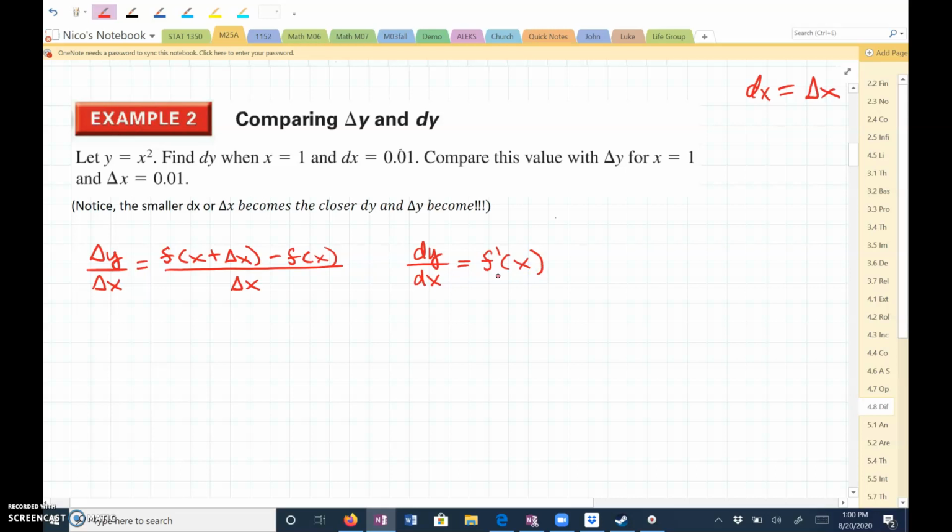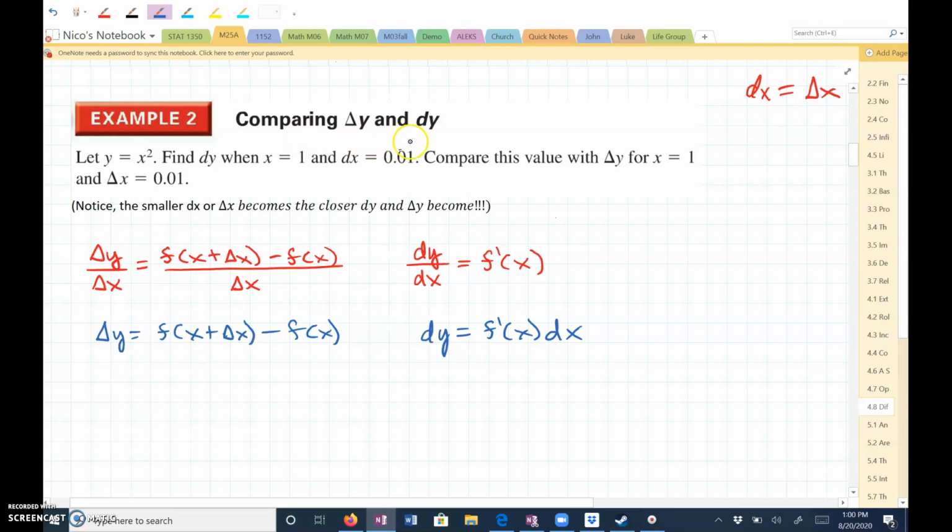Okay, so the part that they care about, notice here, if I multiply all the way through by delta x, I'm just going to be left with delta y equals f of x plus delta x minus f of x. Here, if I multiply by dx, I'll be left with dy equals f prime of x dx. They want us to compare these two.